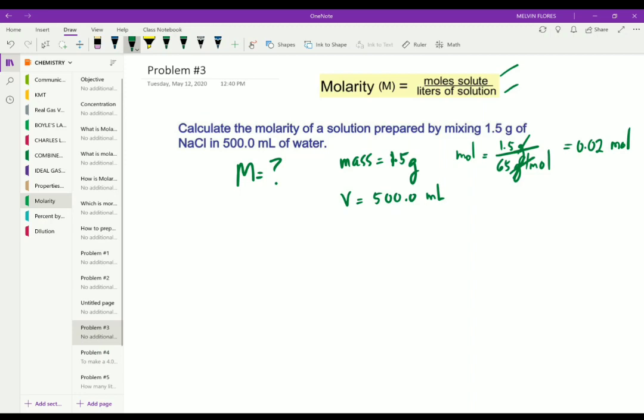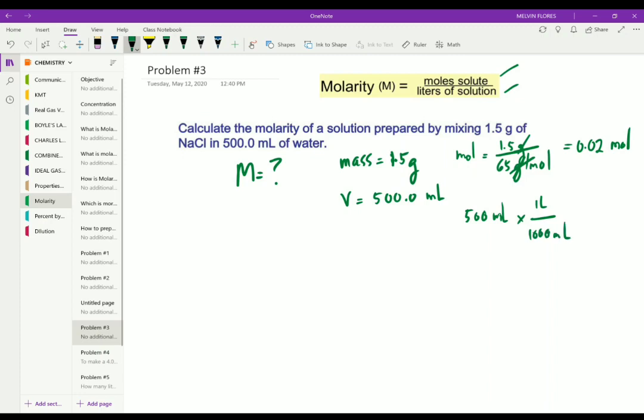So let's say 500. We need to convert that into liter, right? 500 ml, and 1 liter equals 1000 milliliter.